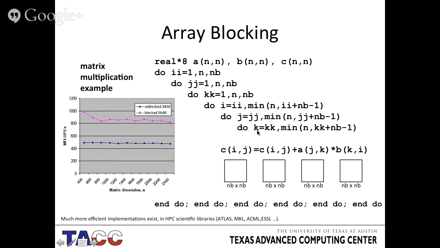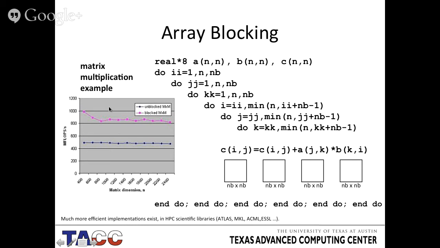You're going to have, in this case, K and KK, J and JJ, I and II. One of them is going to go from 1 to the total number of elements in the matrix in a certain block size step. And the other one is just going to fill in that block size from whatever initial point we are in to the very end of that block.